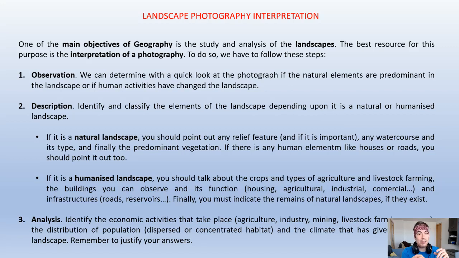For example, this is for cattle, for sheep, this is irrigation agriculture, this is a Mediterranean triology, for example. The buildings you can observe and their function, for example, houses or stock houses or factories or hotels, whatever, okay? The buildings you find and what they are used for.